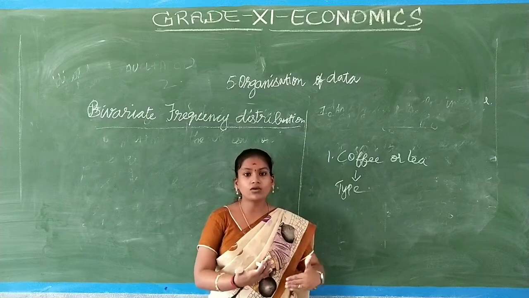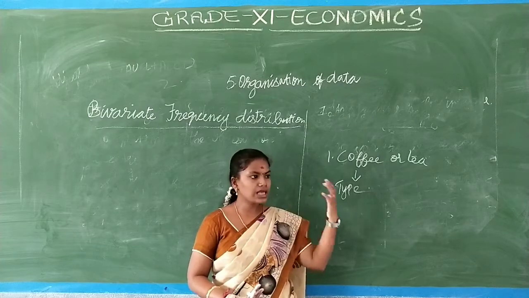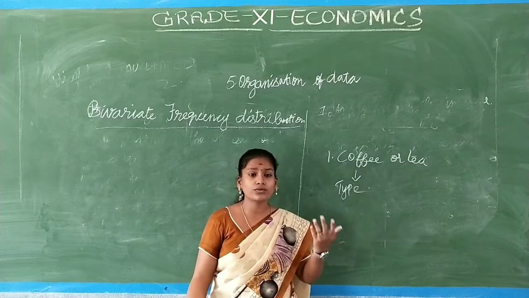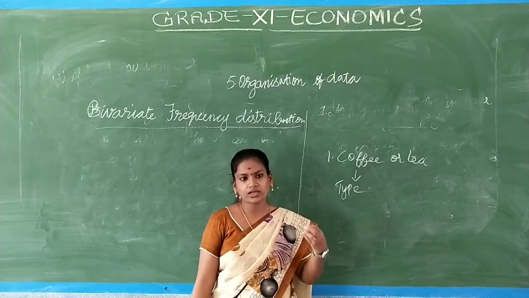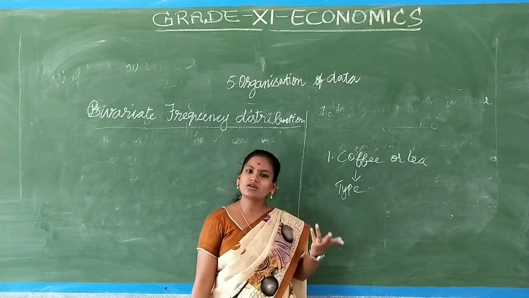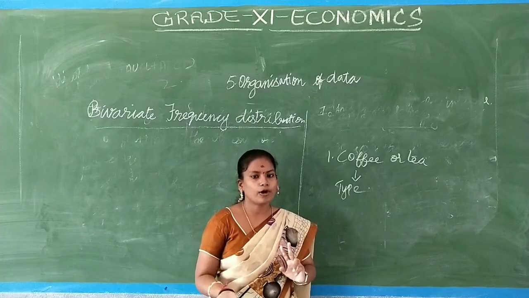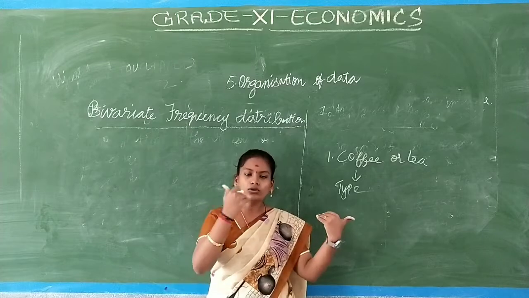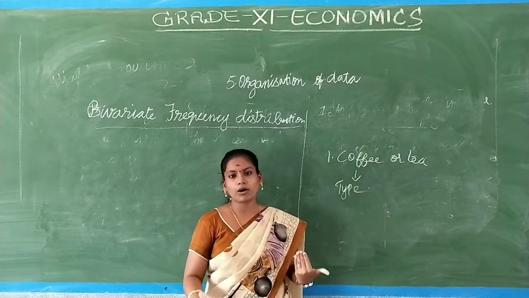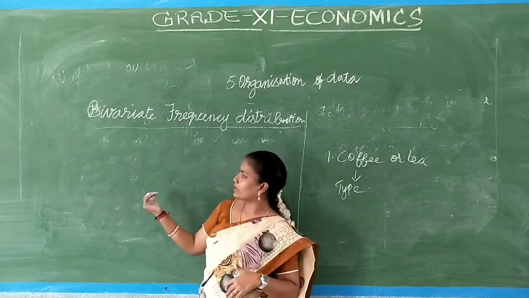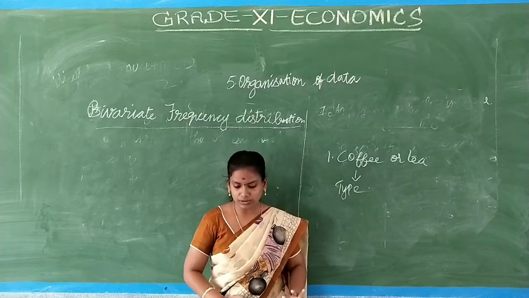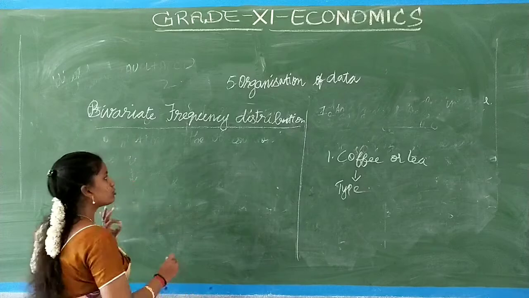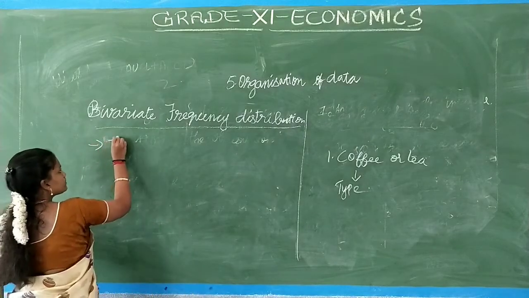Whereas if there is no relationship, even though the advertising was done, it was not reaching, the sales did not increase, then they will analyze what the problem is. For better analysis, when they want to relate two different variables, they go for a bivariate frequency distribution. So it can be defined as the frequency distribution of two variables.